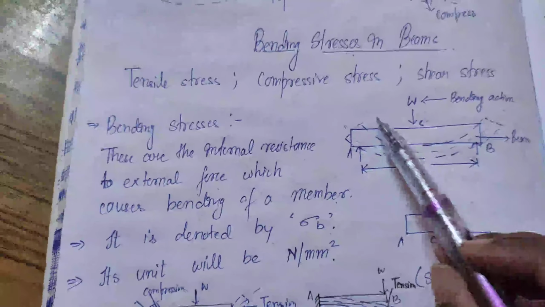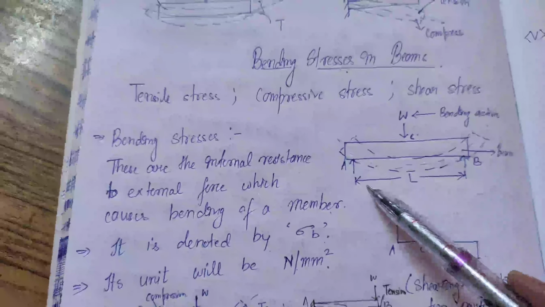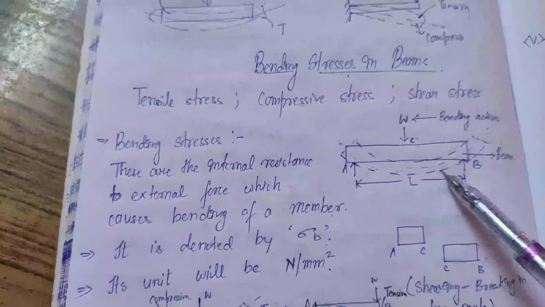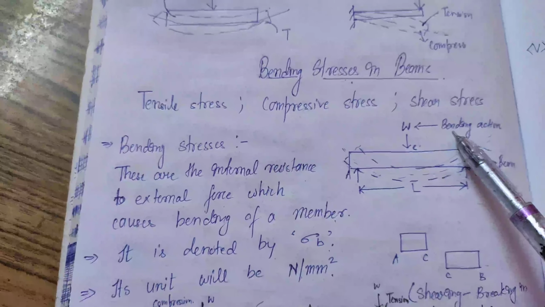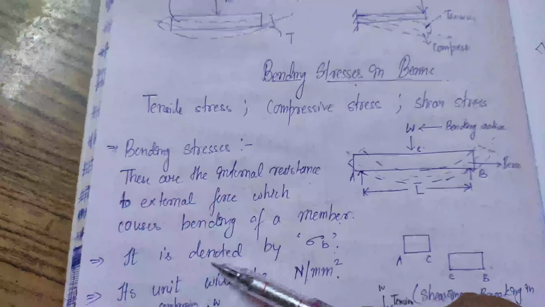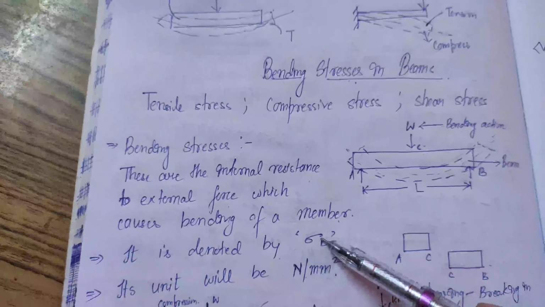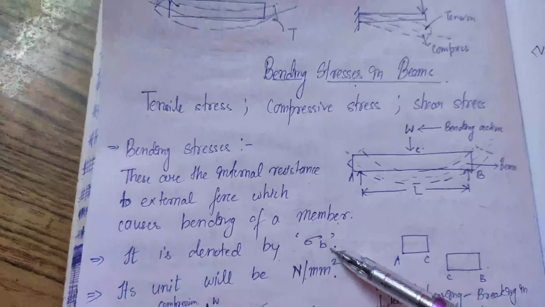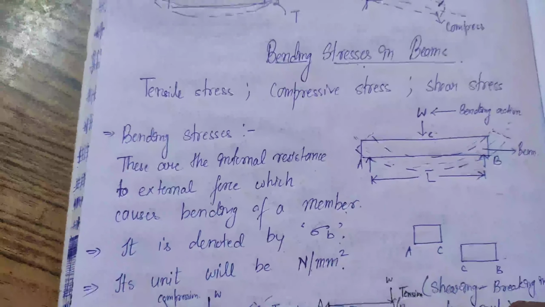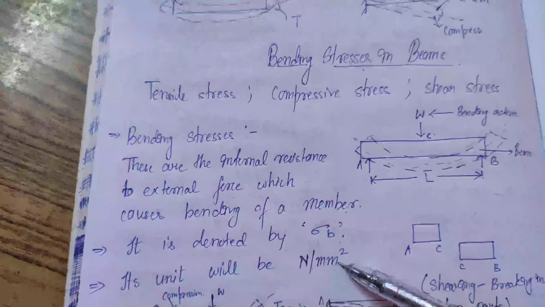But today, as we are concerned with bending stress, we'll only look at the forces generated due to bending action. This bending stress is denoted by sigma B. As we know, stress is denoted by sigma and the suffix B is for bending. So sigma B is your bending stress, and its unit is Newton per mm square.